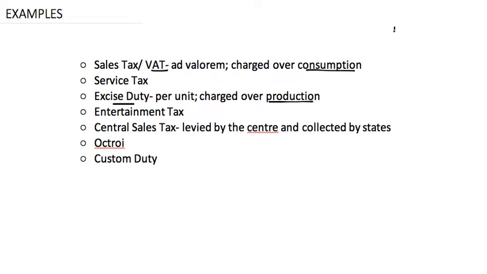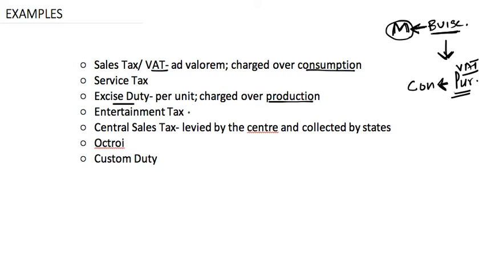For example, if a manufacturer is producing biscuits, then excise duty will be paid by the manufacturer on the production of these biscuits, whereas VAT will be paid by the consumer on the purchase of these biscuits. Okay, so value added tax is charged over consumption, whereas excise duty is charged over production or manufacture of a certain good.